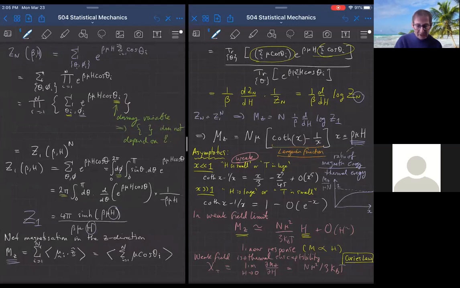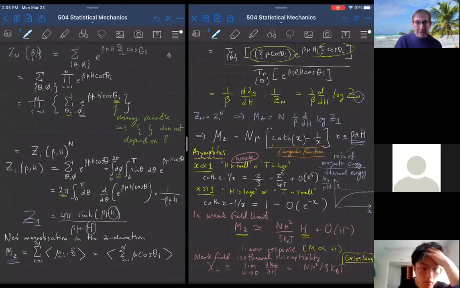Because it's a non-interacting system, the partition function factorizes into a product of partition functions for one spin, and we did the sum over states as an integral over the solid angles.